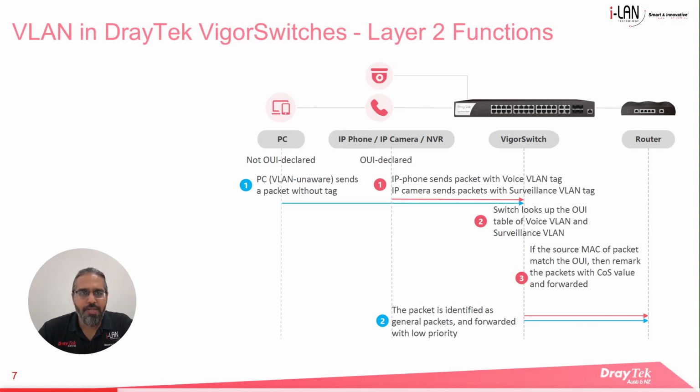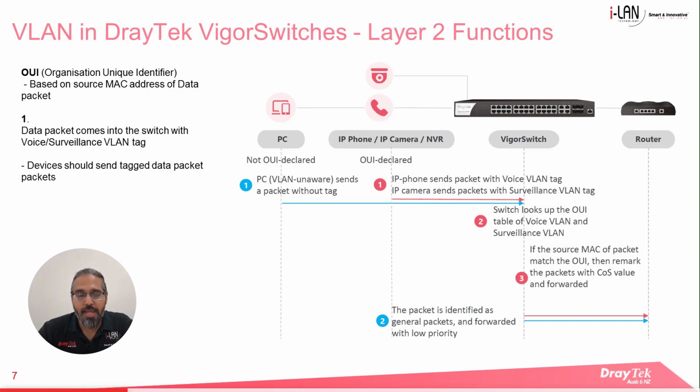So, how do we identify the voice traffic and surveillance VLANs automatically? We use the OUI, which is the Organizationally Unique Identifier. This is based on the source MAC address in the data packet. IP phones and IP cameras will send data packets with a VLAN tag, voice or surveillance.